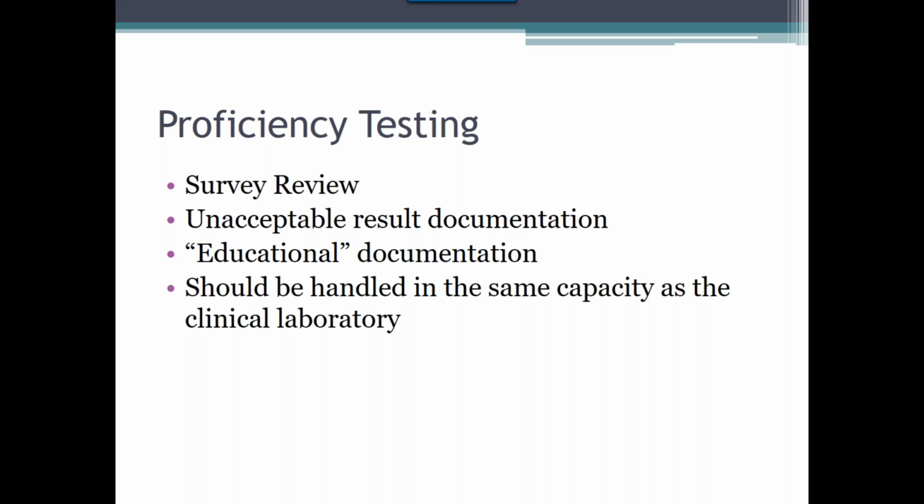An assessment should always be made for educational activities as well, meaning that results should be assessed and compared to the peer review group. Proficiency testing performed within the histology department should be handled with the same vigor as in the clinical laboratory. Proficiency testing outcomes can often be utilized to develop quality monitors within the department.